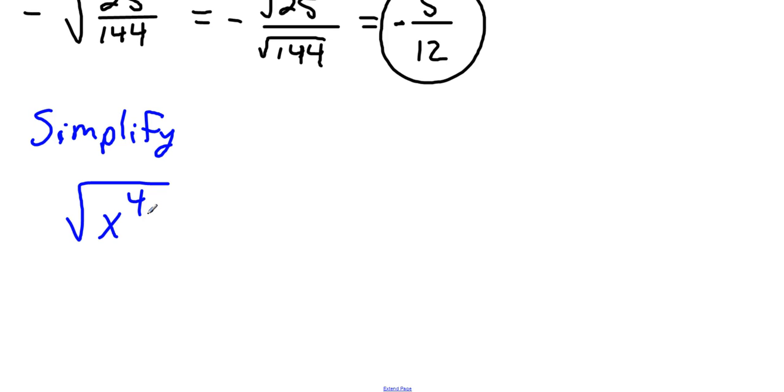So probably the first thing that they're really going to ask you to do, and again, they don't mention this in the directions, is to rewrite it. If they give it to you in square root form or radical form, you almost have to rewrite it in exponential form. So if they give it to you one way, we're going to rewrite it in the opposite form.